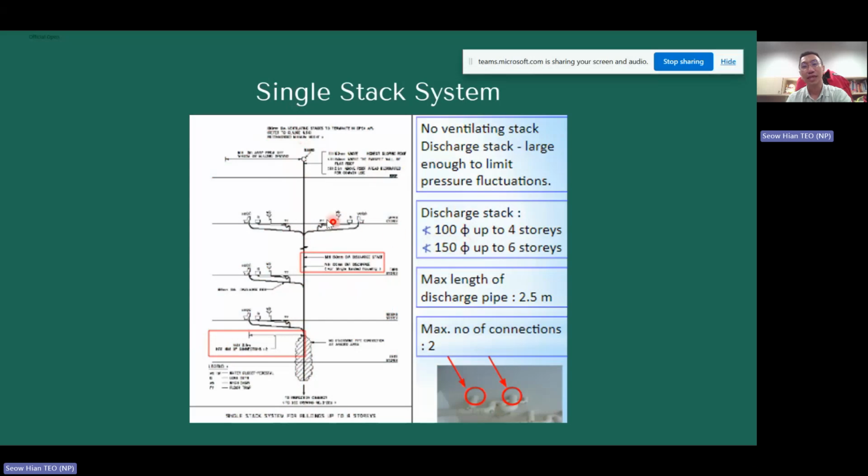Then discharge stacks, if it's 4 stories, are about 100 mm diameter. If it's above 6 stories, it's about 650 mm in diameter. The maximum length of each discharge pipe could be about 2.4 m, and the maximum number of connectors could be 2. So this is a single stack system.